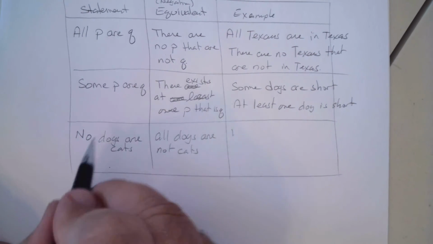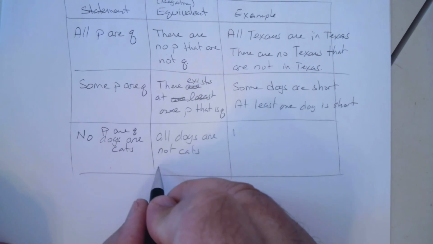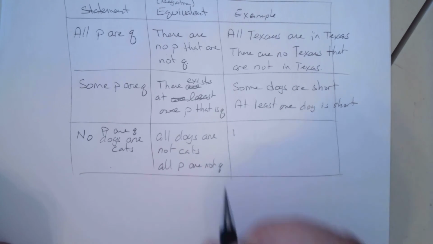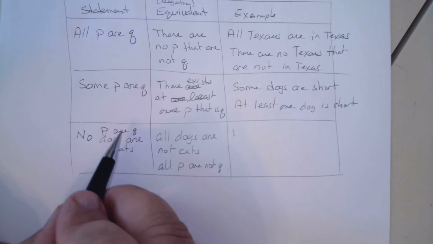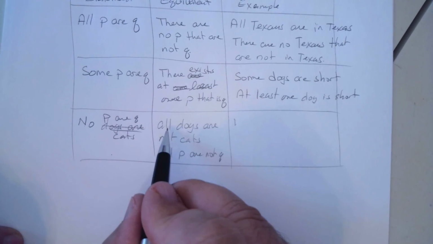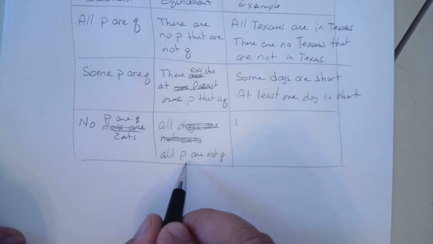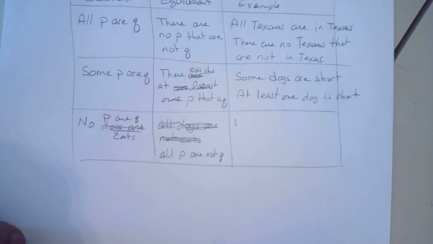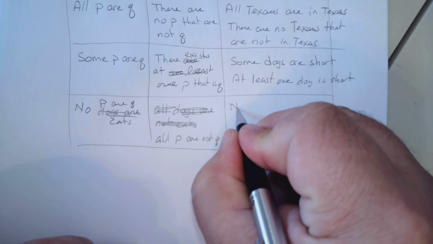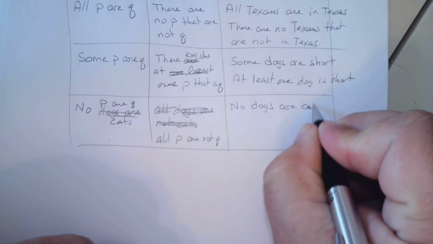I'm sorry, it's just that no P are Q. The equivalent: all P are not Q. So, no dogs are cats.